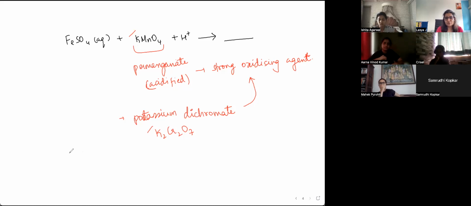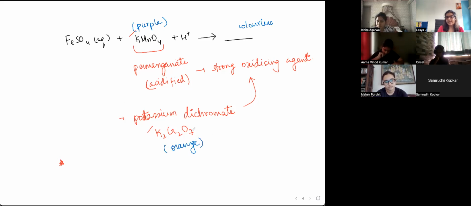The original color of KMnO4 is a pinkish purple. If it is very concentrated, it's a really dark violet, otherwise it's a purplish color. After oxidation, after reaction, this becomes colorless. Potassium dichromate is a bright orange color, and after oxidation, this becomes colorless.